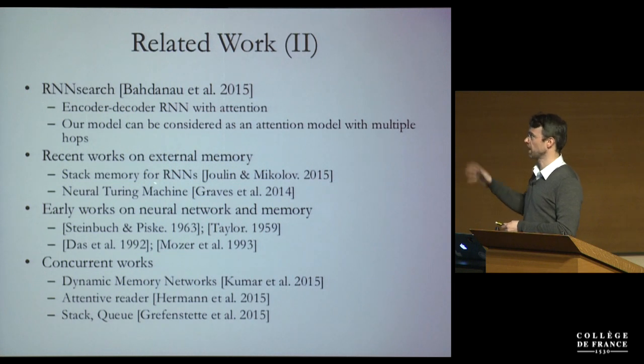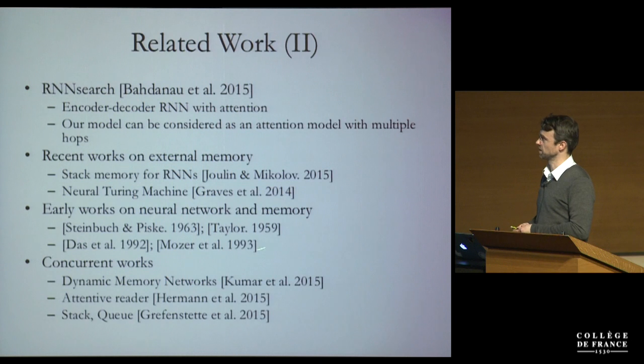And it's important to recognize that people have thought about doing this sort of thing for a very long time. There are some old papers from the 90s, in the previous era when neural nets were popular, where people tried to do these things, but they didn't actually get them working on real problems. And then since the Memory Networks paper, there's been a whole bunch of very similar papers where people have tried to do the same kind of thing.